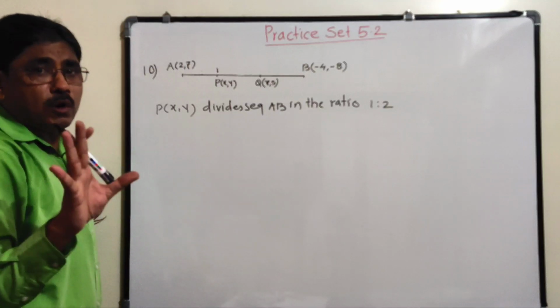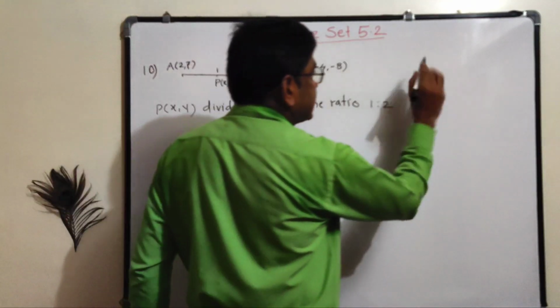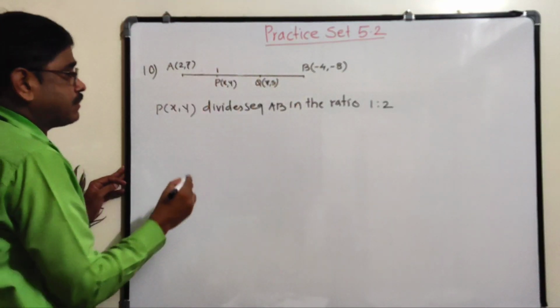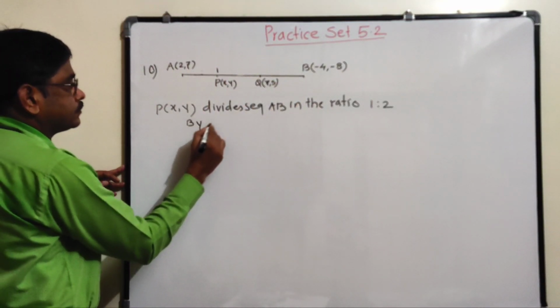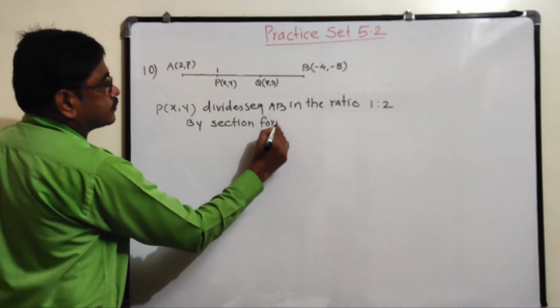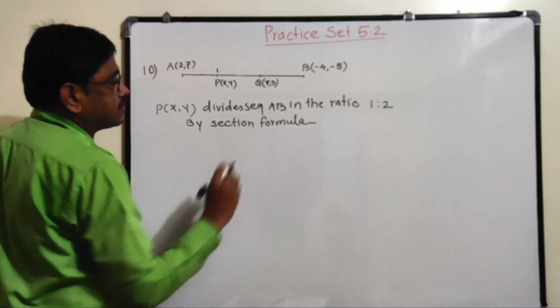And if 4 parts are there, it is easy. I will tell after this one. So P (x, y) divides this by the section formula. Find the coordinates of P by the section formula.